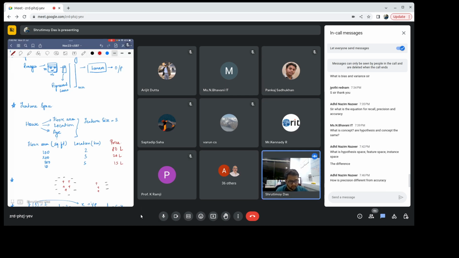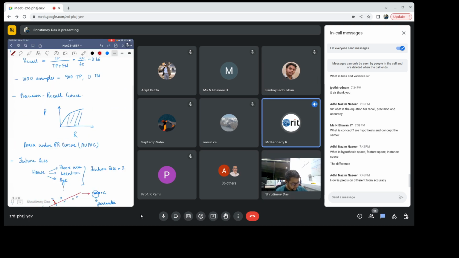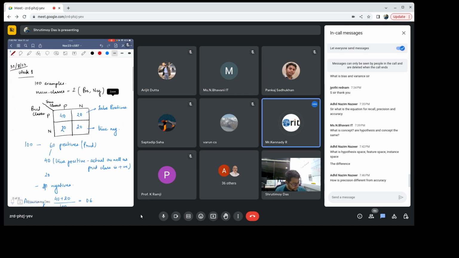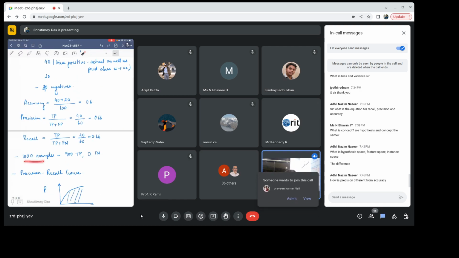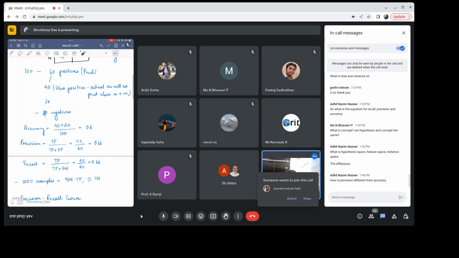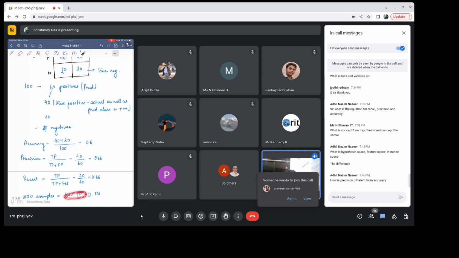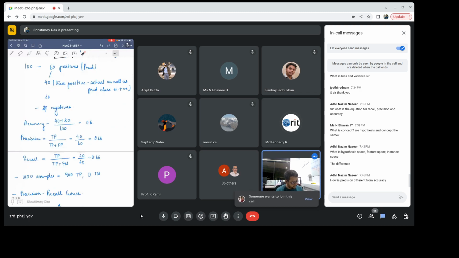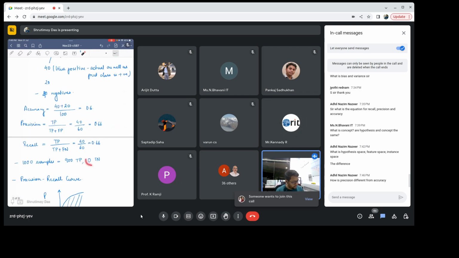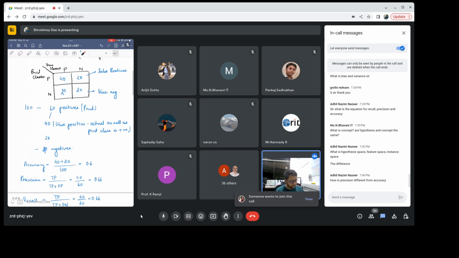Okay, RTL is asking how is precision different from accuracy. So suppose we have this confusion matrix, and suppose we have 1000 examples, right? In that, suppose 900 of those belong to the positive class, and there are no true negatives that are predicted.